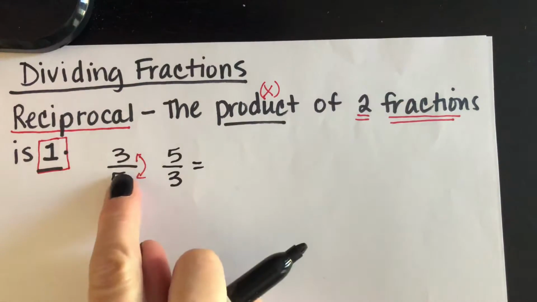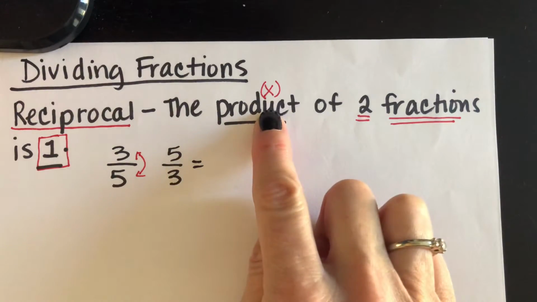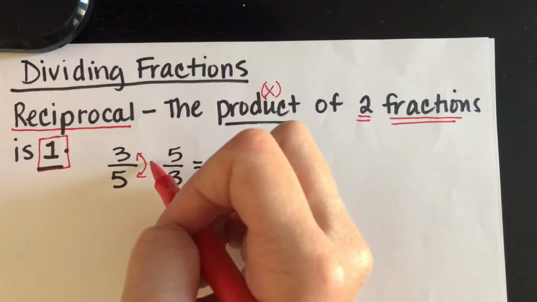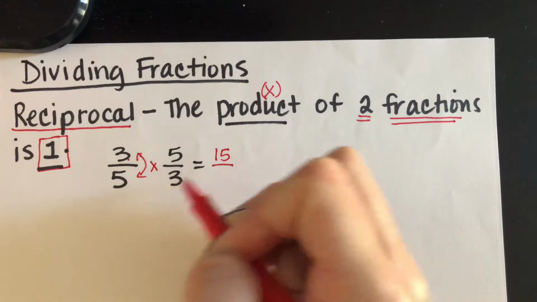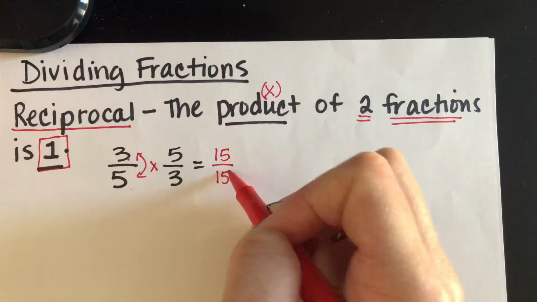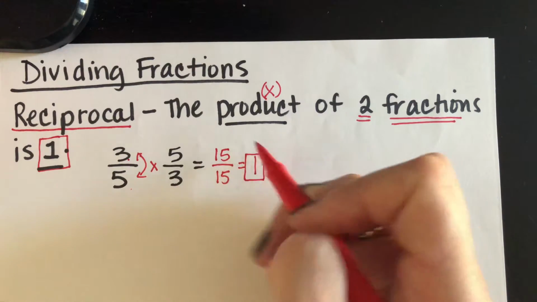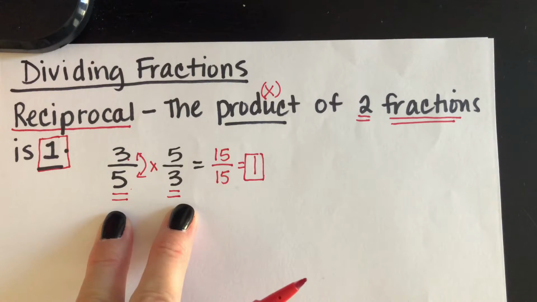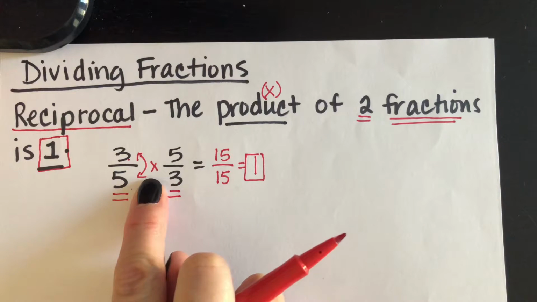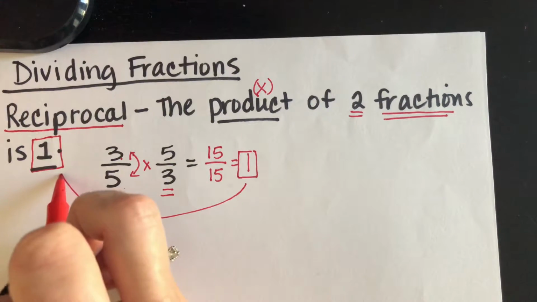So when I multiply my fractions, because it says it's the product, 3 times 5 is 15, and 5 times 3 is 15, and 15 over 15 equals 1. So my two fractions, I multiply them, and the product equals 1, just like it said here.